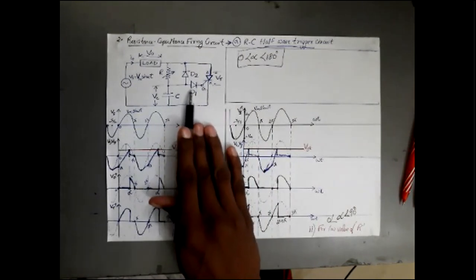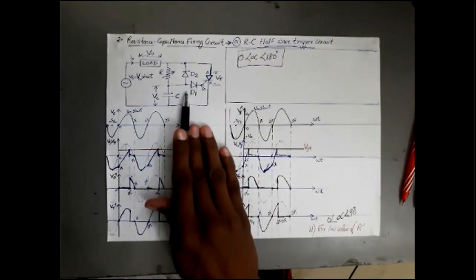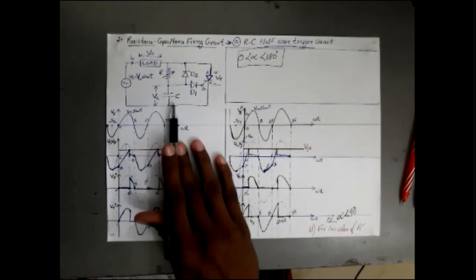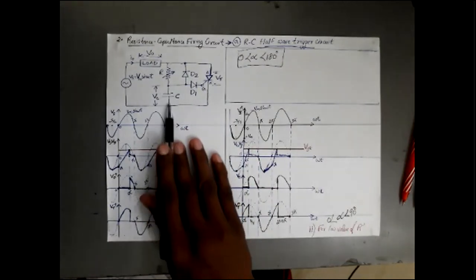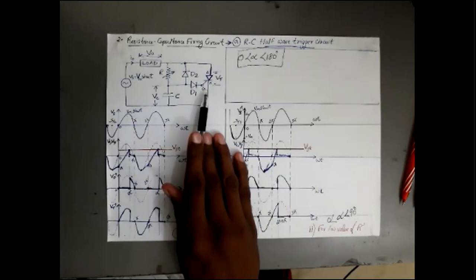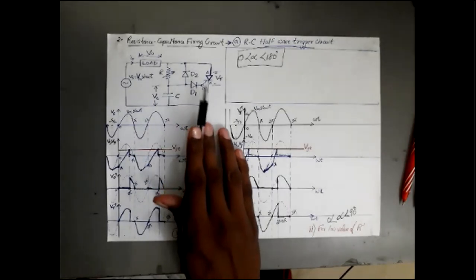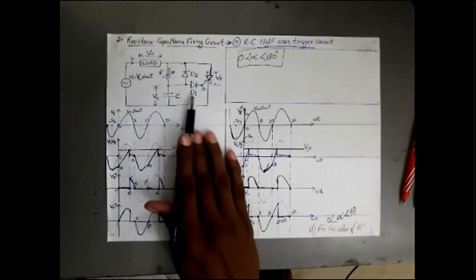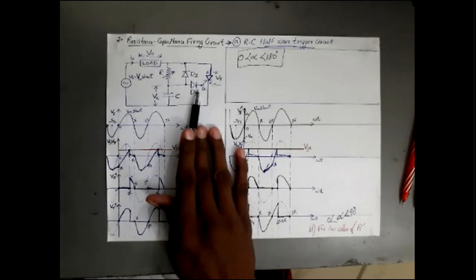So the D1 voltage drop will be 0. Okay, the only required voltage is Vc. We just require Vc in order to trigger my SCR. That is, when Vc has become equal to Vgt, my SCR gets triggered.